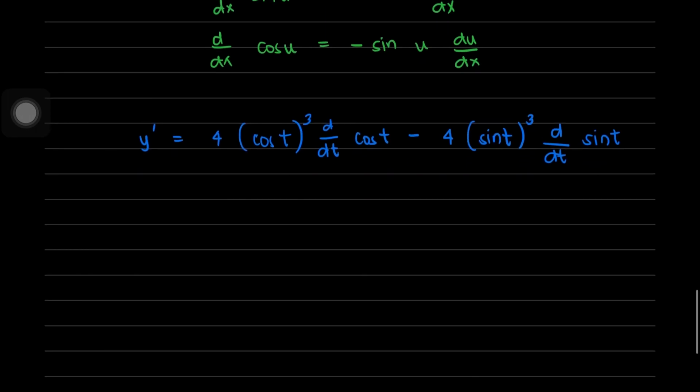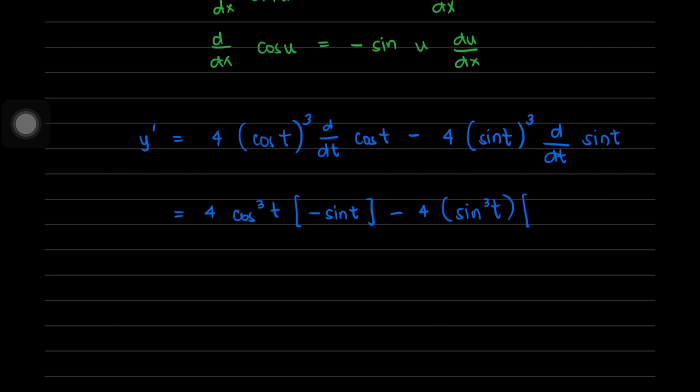Alright, so this is now equal to 4 cosine cube of t multiplied by the derivative of cosine of t, so that's equal to negative sine of t, minus 4 multiplied by sine cube of t multiplied with the derivative of sine of t, so we have cosine of t.